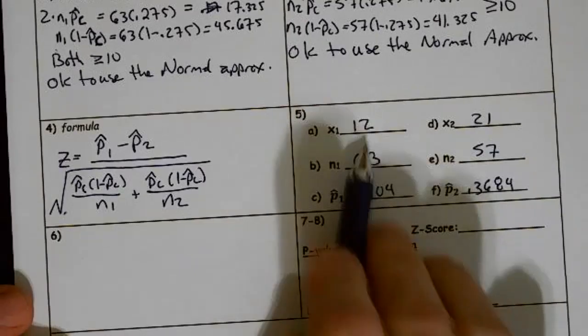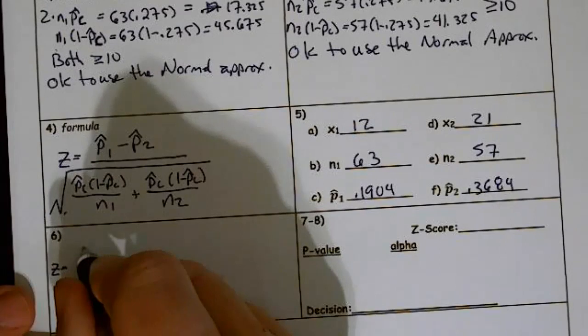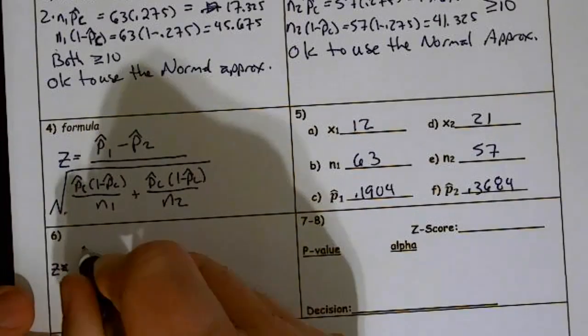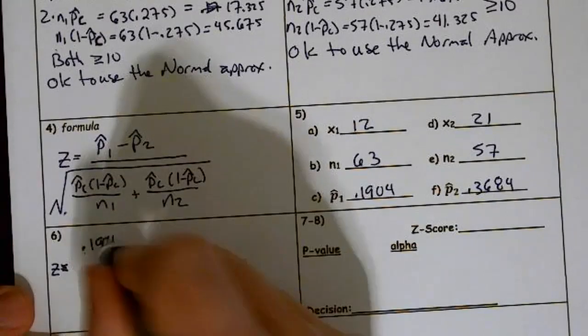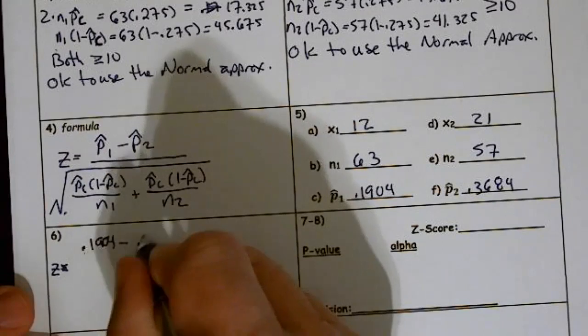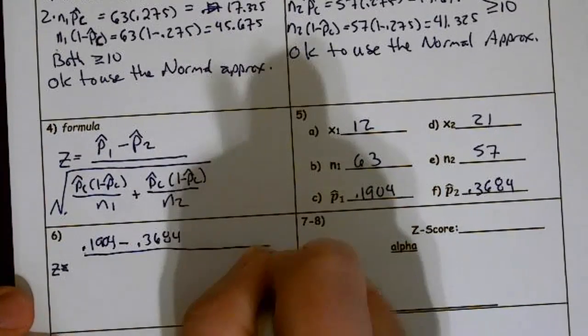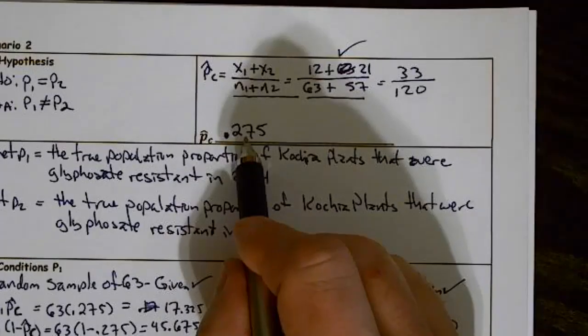Now we need to plug in. So Z equals, and we probably have to write a little bit small on this, 0.1904, excuse me, minus 0.3684. P hat C, that was 0.275.